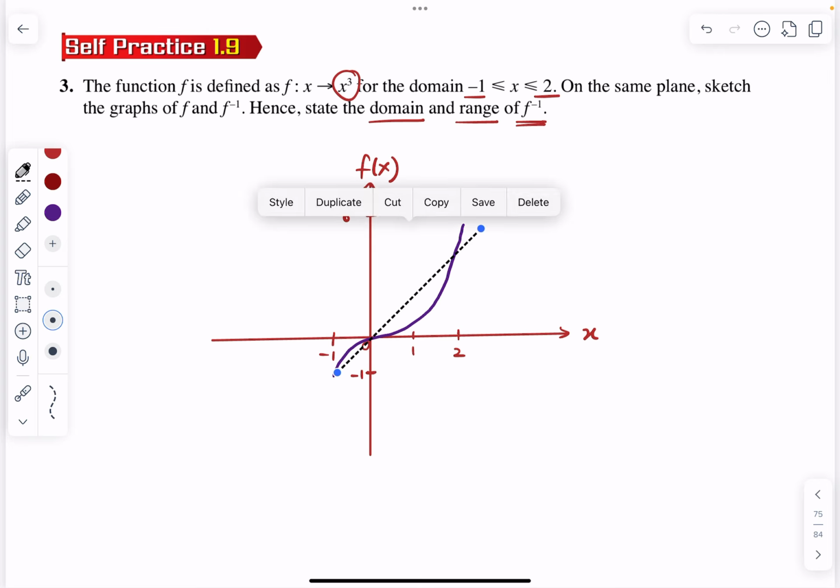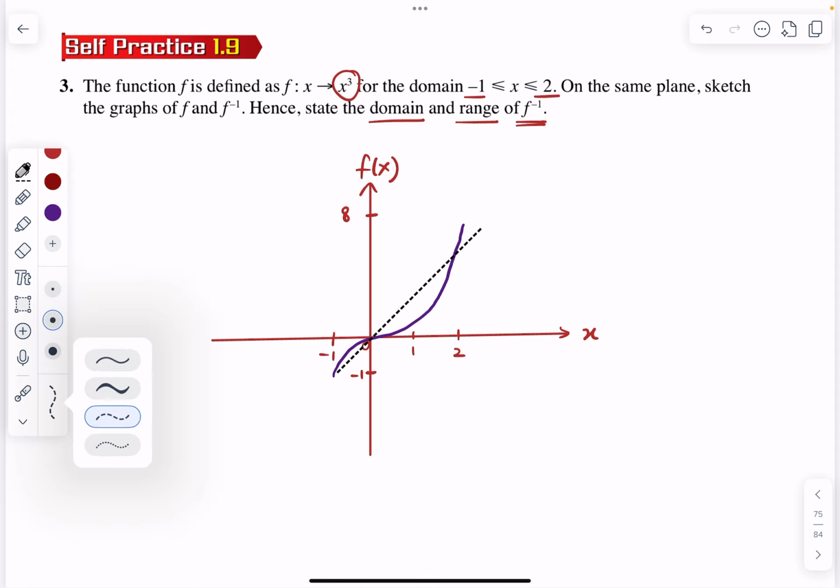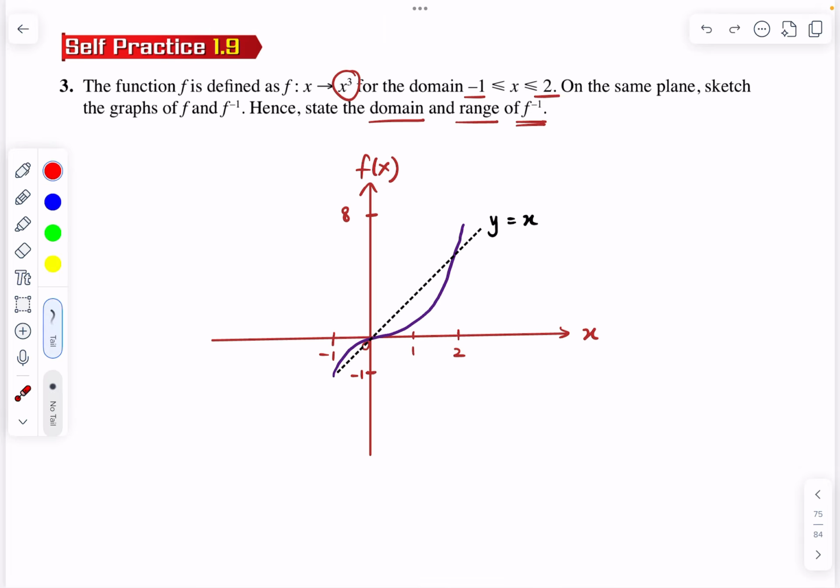Okay. This is the line y equals x. If you reflect this graph on this line, you will get the inverse function.